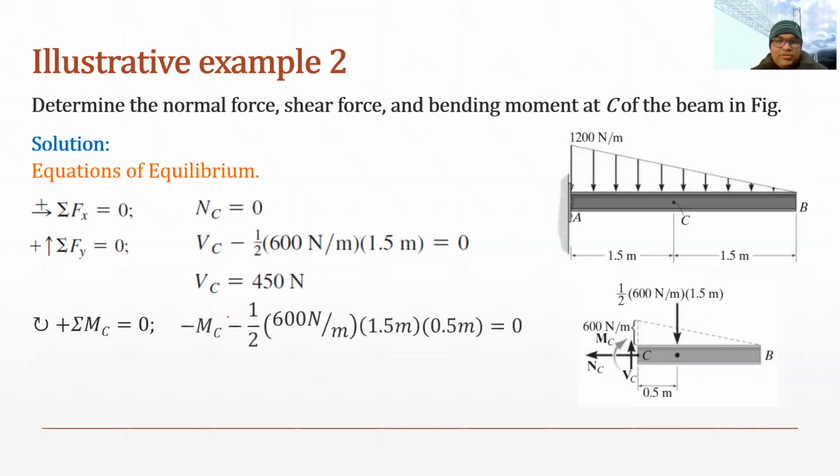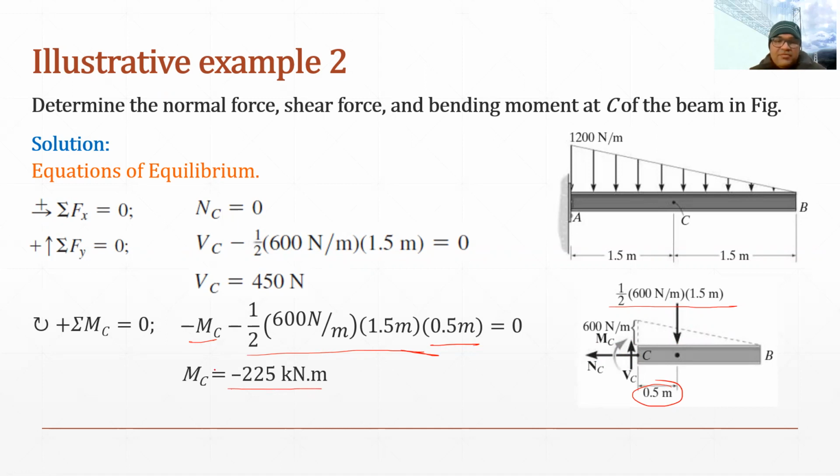So that is the equation: minus MC minus the magnitude of this force multiplied by the perpendicular distance. Calculating the value of MC, we get MC as negative 225 kilonewton meter.